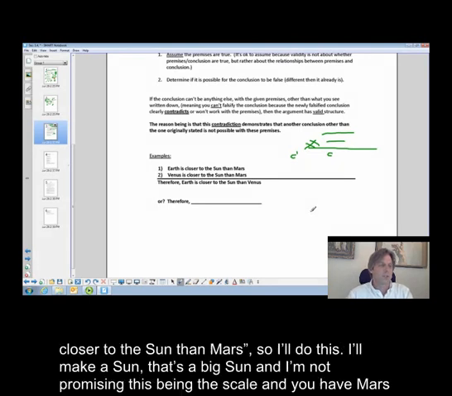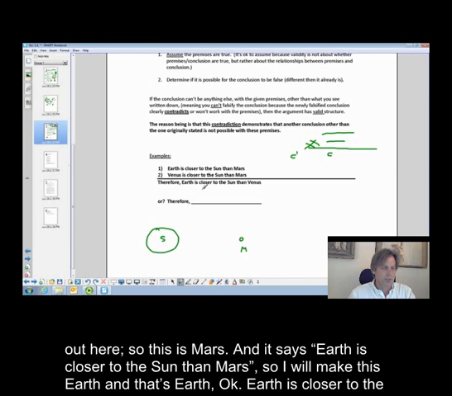So it says Earth is closer to the sun than Mars. So I'll make a sun. That's a big sun, and I'm not promising this being to scale. And you have Mars out here, so this is Mars, and it says Earth is closer to the sun than Mars. So I will make this Earth, okay?